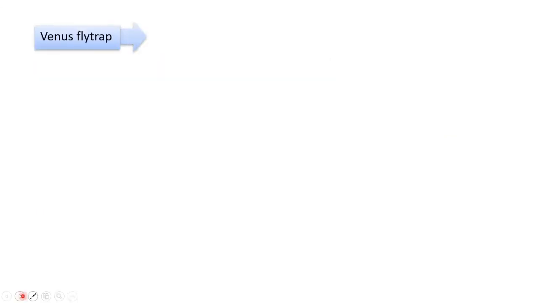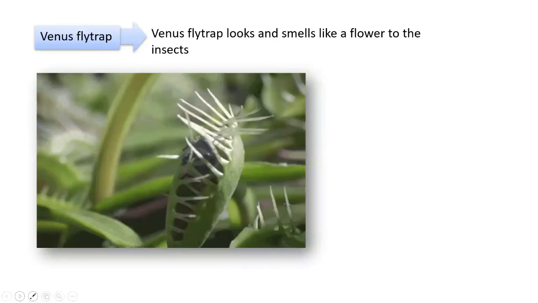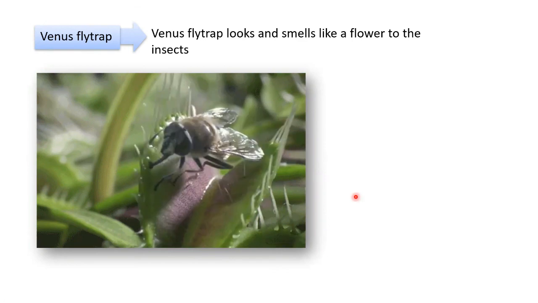Okay, so let's talk about Venus flytrap. I've already mentioned it. So Venus flytrap looks and smells like a flower to the insect, right? So it looks very attractive, and since it looks very attractive, the insects tend to get attracted towards this part of the plant, and they settle.